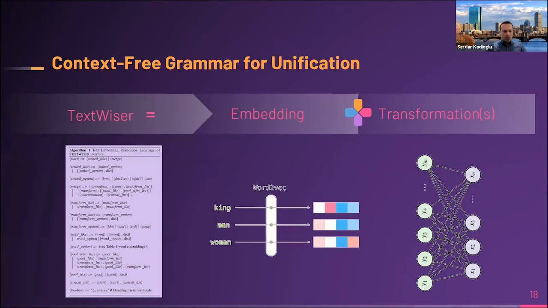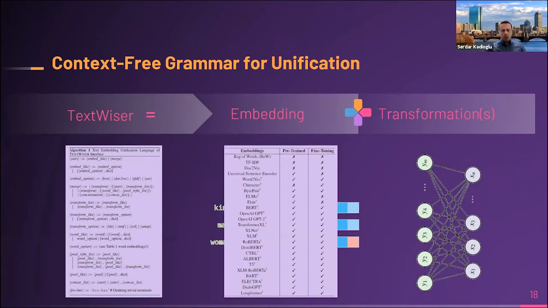The TextVisor library provides us with a rich set of embeddings. I showed word2vec, but there are also others, to name a few: TF-IDF, doc2vec, BERT, Flair, OpenAI GPT-2, and many others.